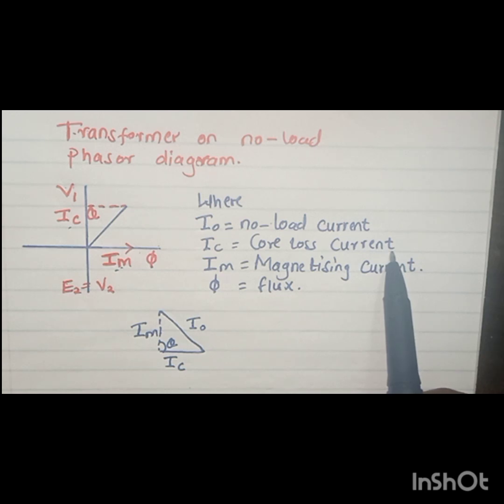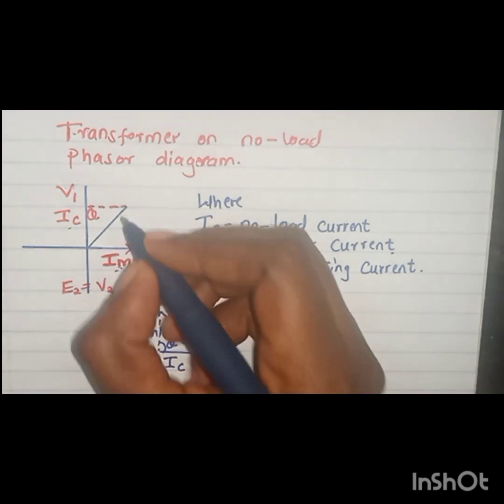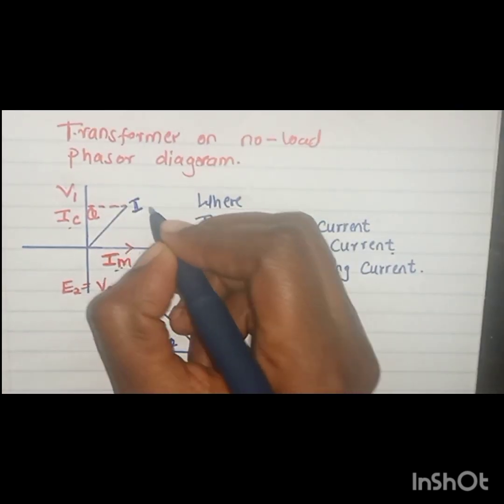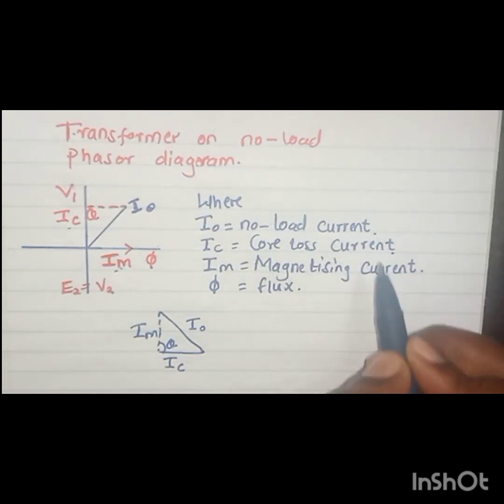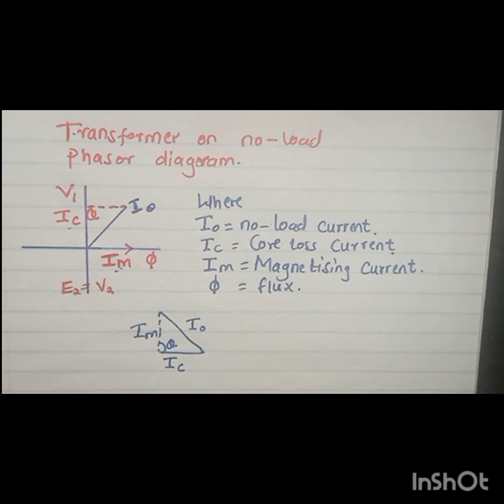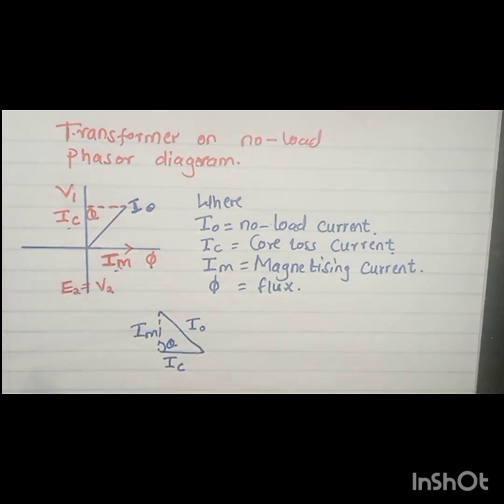And of course, we'll have the core loss current because when a transformer is operating, we have the flow of current. That flow of current will cause the losses. On this side, I have I naught, and this I naught is the no load current that will be flowing in that transformer. And I'm forming this theta here.